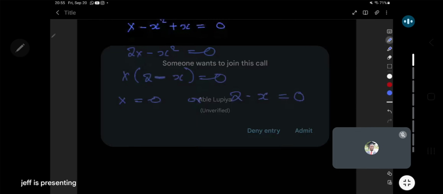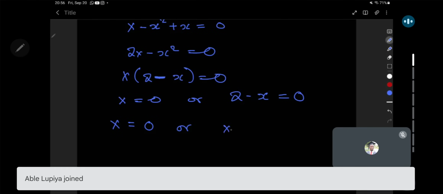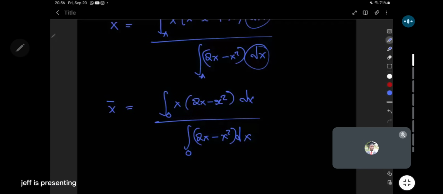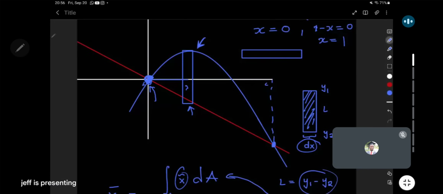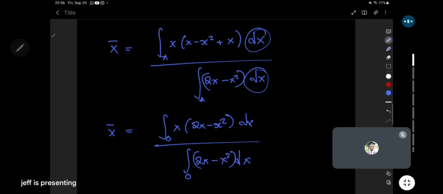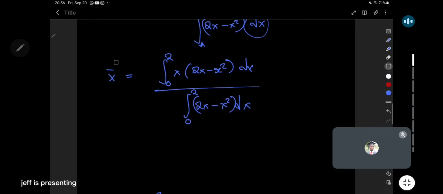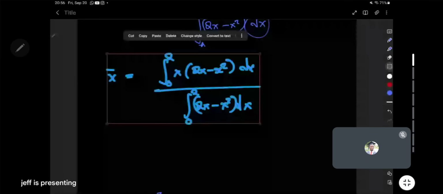What does this mean? It means that we have two values of x: when x is 0, or when x is equal to 2. So this is the second value of x that we are looking for, and that occurs at that point. So the maximum value of x will be 2. So this is what we have. Now we can easily move towards integration.